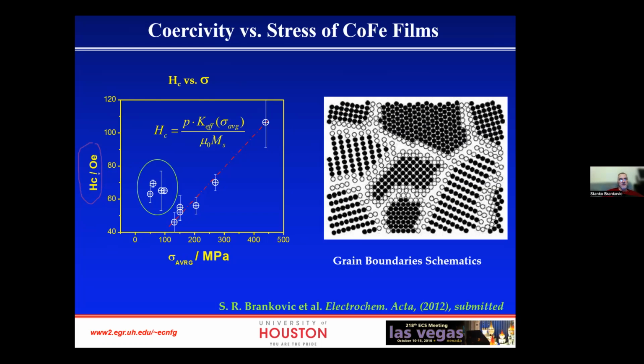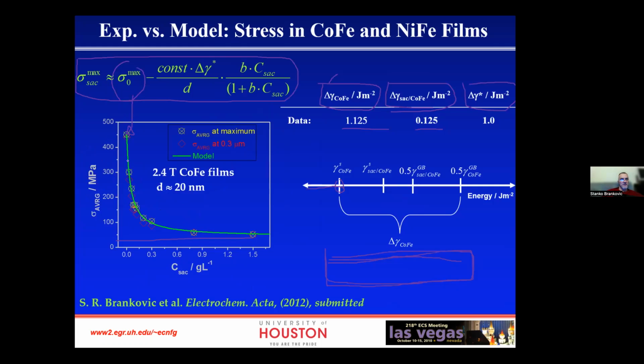So what you have here, we plot the film's coercivity as a function of the average stress, or basically maximum stress, in these films at a thickness of, for example, about 100 nanometers. So basically, we take these values here and we plot them against the actual coercivity values of this film, right?